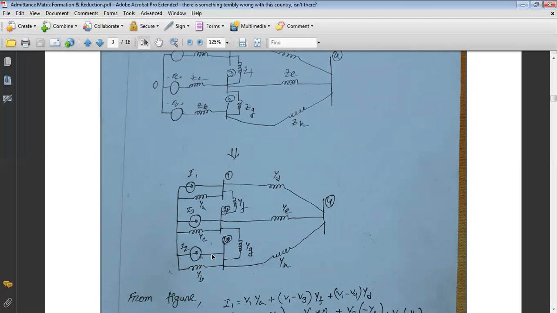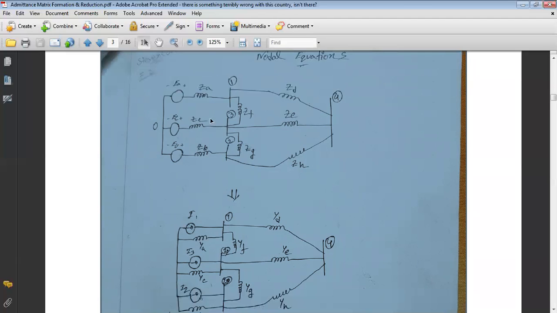We already know the equation of source conversion, or how we can convert the source. Whenever you convert the source, the voltage source should be converted to a current source, and the series impedance of the voltage source will be converted to the parallel admittance of the current source.